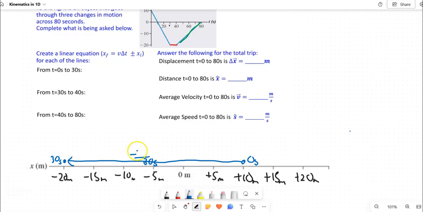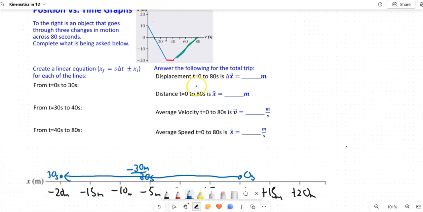So this blue line right here started off at positive 10. So positive 10 is the initial position. Its slope is negative 30 meters over the period of 30 seconds, delta t. Ran out of room.